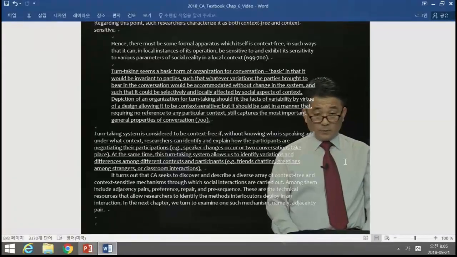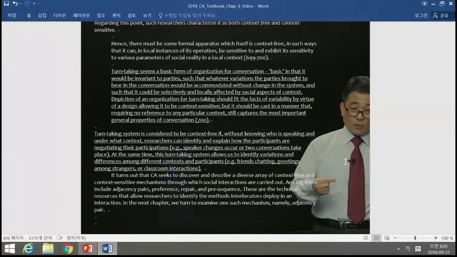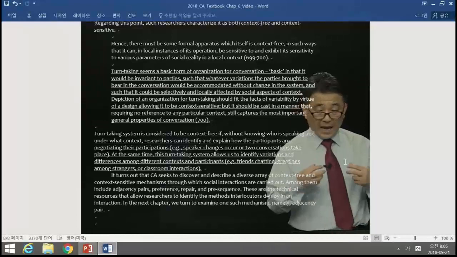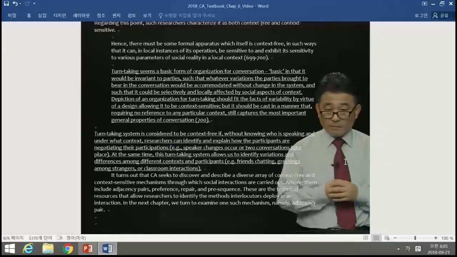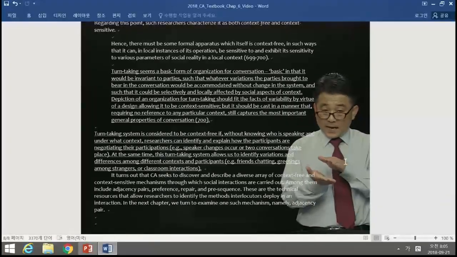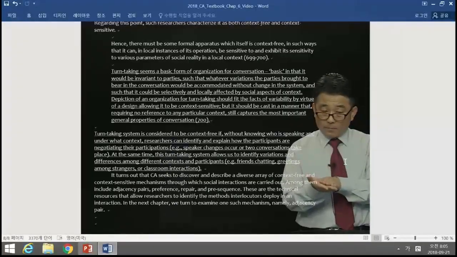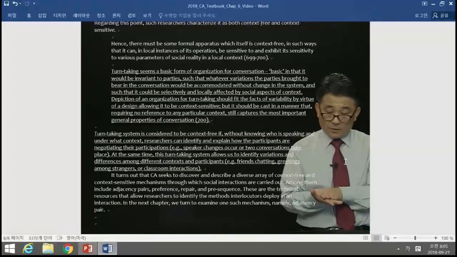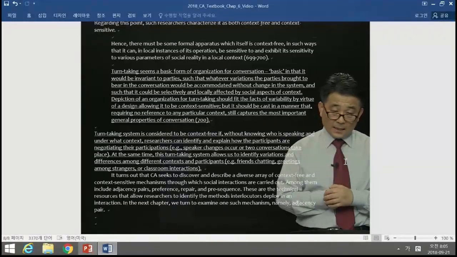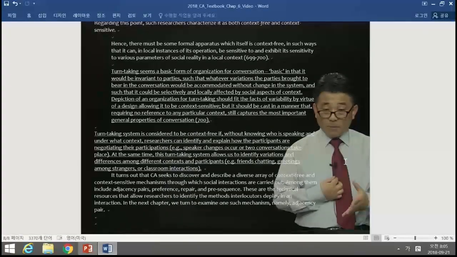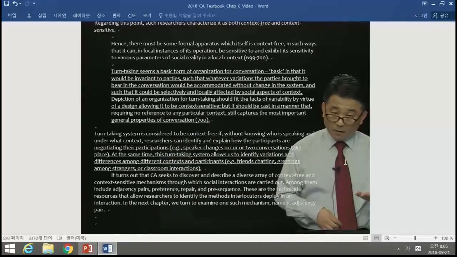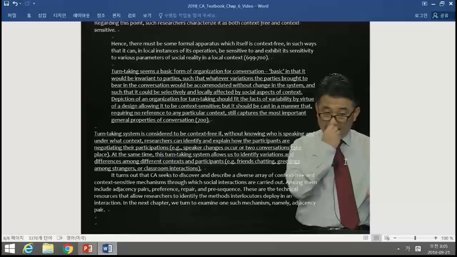Okay? So the turn-taking system is one of the very first mechanisms Harvey Sacks, Schegloff, and Jefferson found, in their 1974 paper published in Language, which is the most cited paper in discourse analysis. Later on, they published another mechanism called repair in 1977.